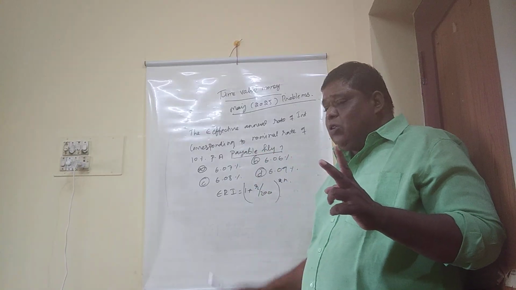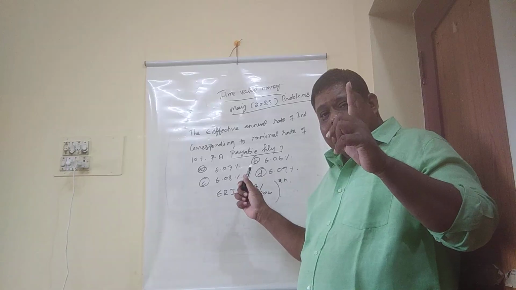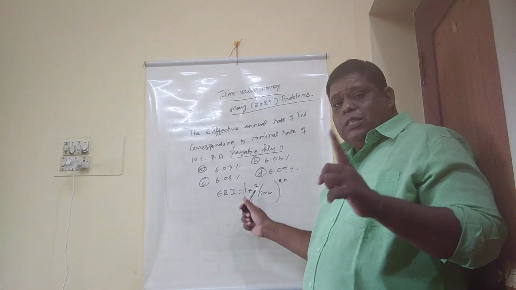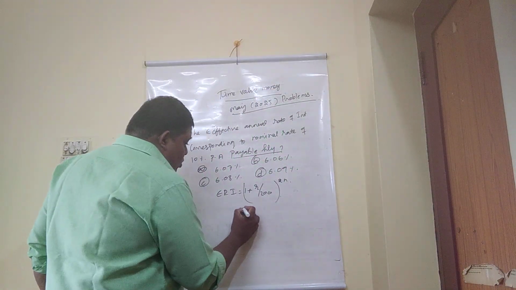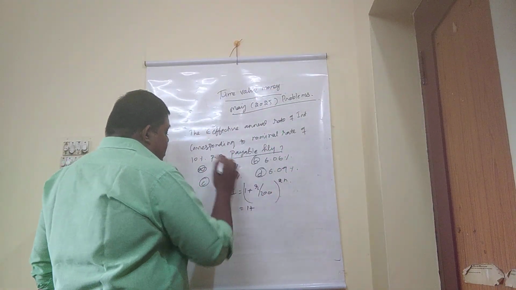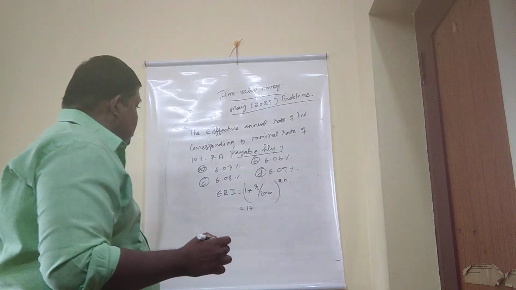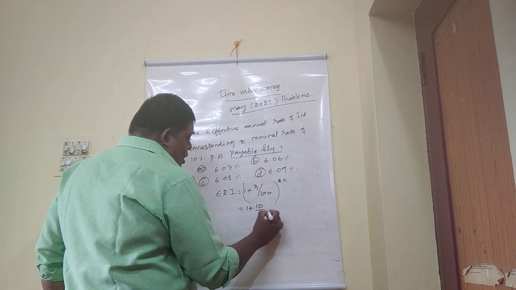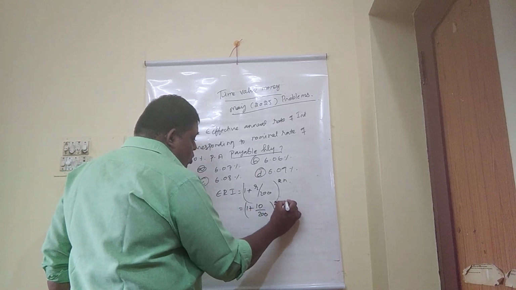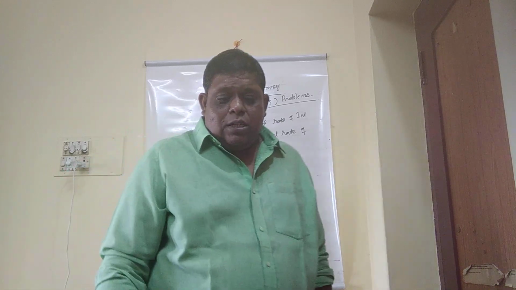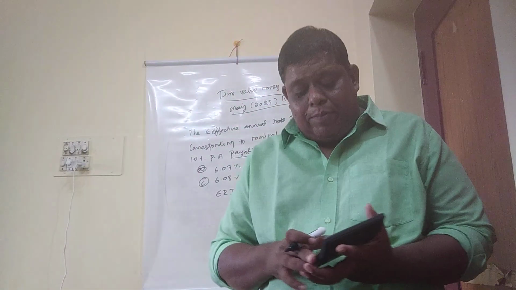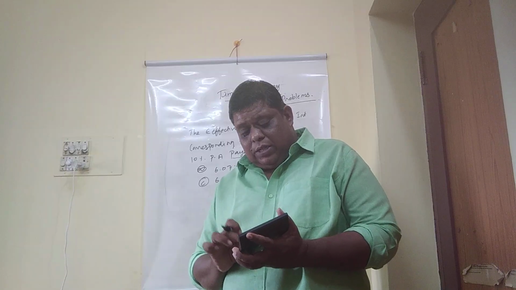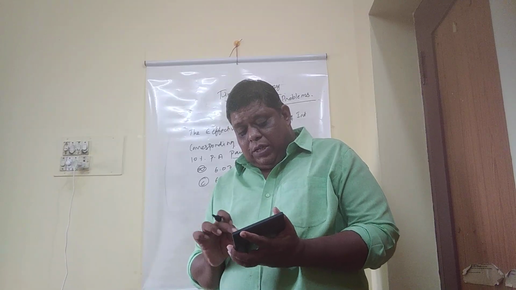Here the total number of years is 1 year, and 1 year has 2 halves. So 1 plus R divided by 200, whole to the power 2 into 1 year. 10 divided by 200 is 0.05, plus 1 equals 1.05.